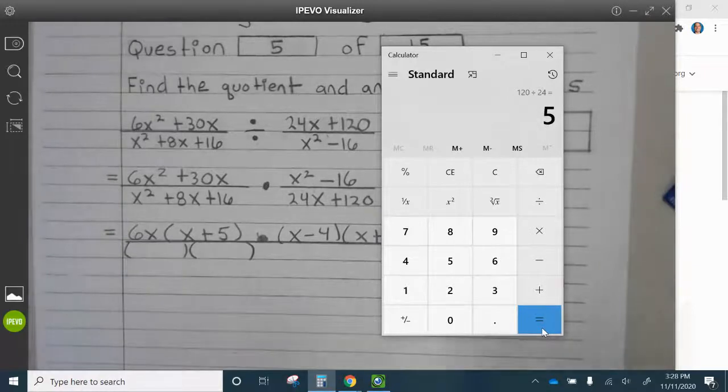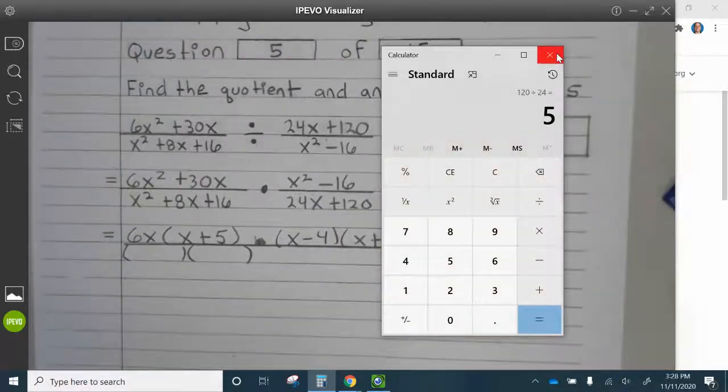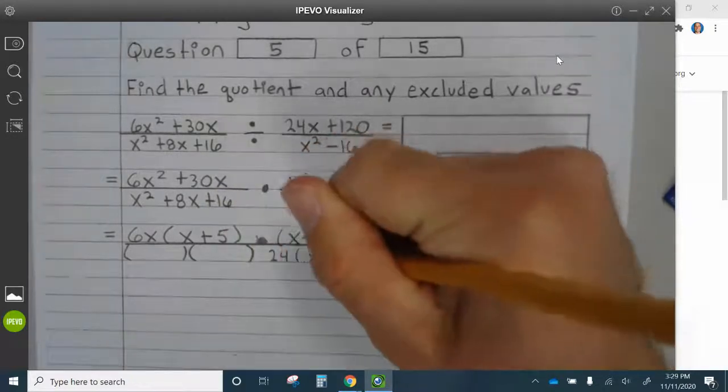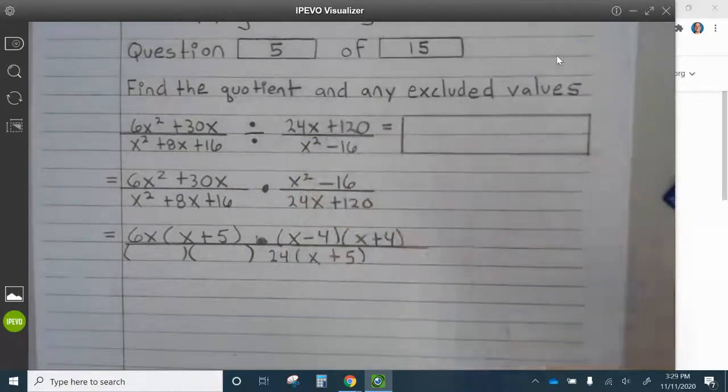It does, that's interesting. So we can factor out 24 from each term. So that's 24 times x plus 5.